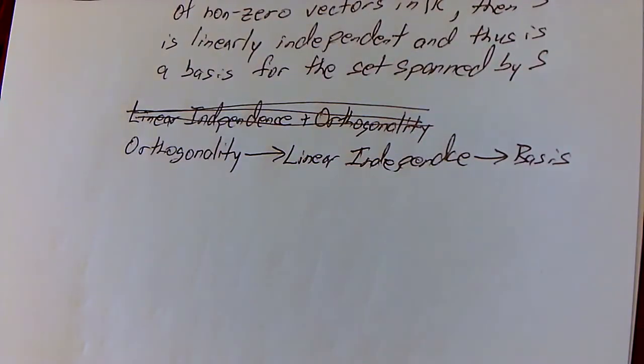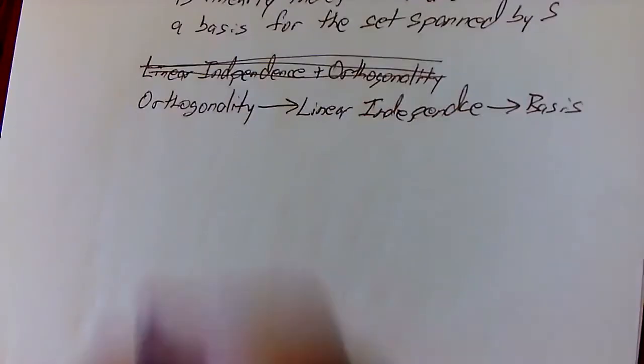All right, next up. We want to look at, can I use dot products to find what those weights are? We know how to find them with a system of equations, right? We've done that.